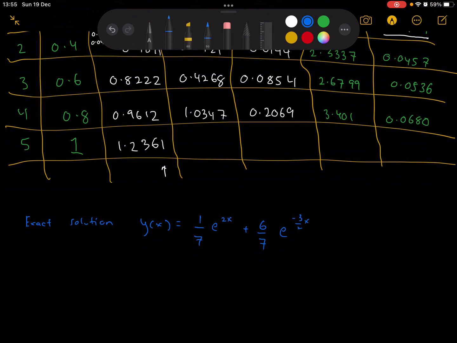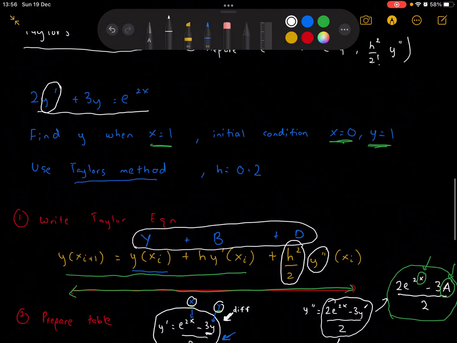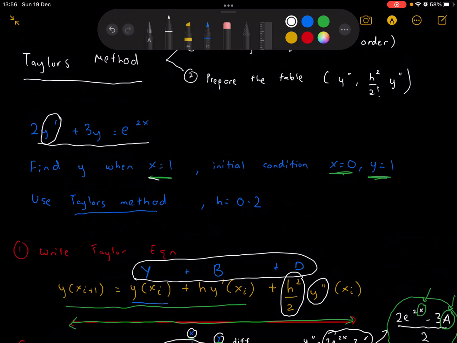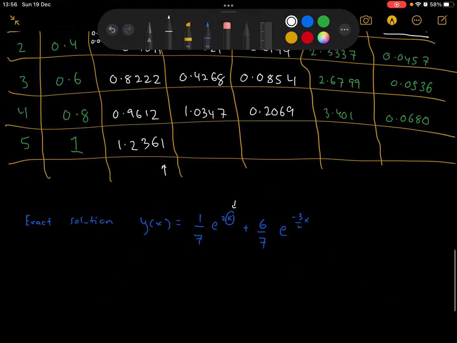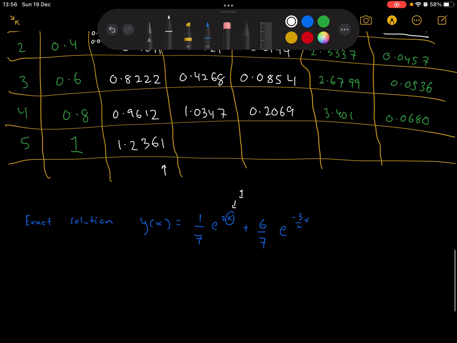So if we input the x value, because we want to know the exact solution, the question asks us x equals 1, find the y value. So replace in your calculator x with 1. So I will get the answer of 1.2468.